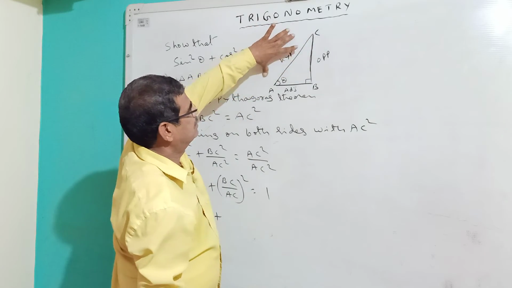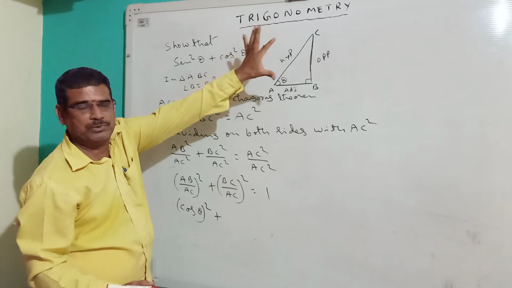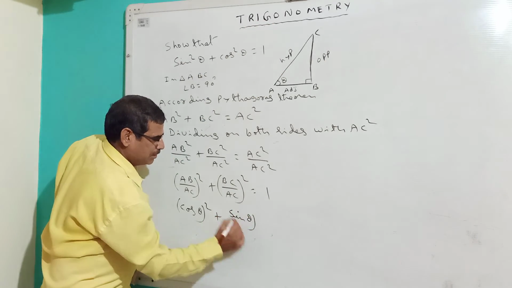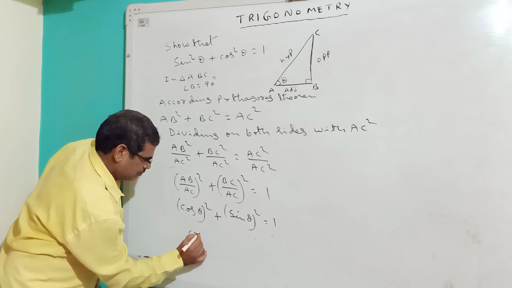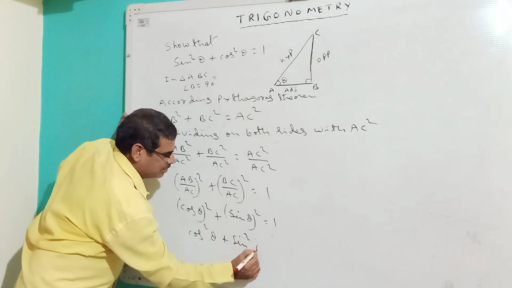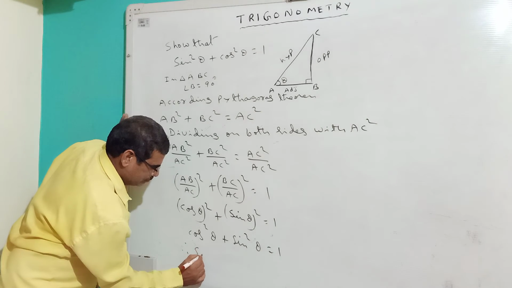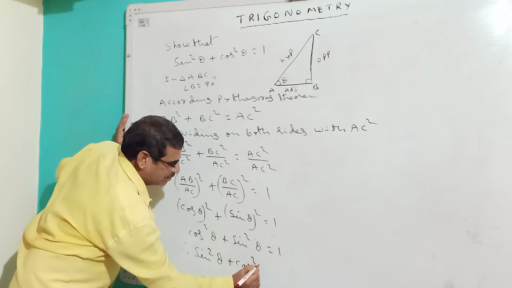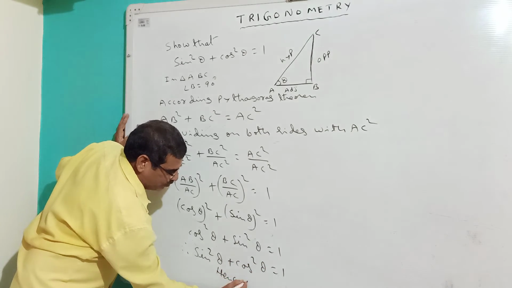BC means opposite by hypotenuse, which means sin theta whole square is equal to 1. So cos square theta plus sin square theta is equal to 1. Therefore, sin square theta plus cos square theta is equal to 1. Hence, proved.